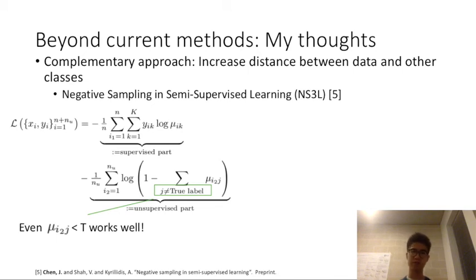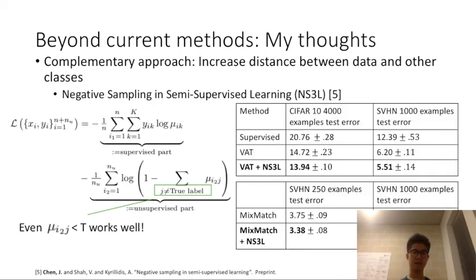But we don't know the true label. In practice, even a straightforward application in which we select those indices j that refer to the outputs that are below some threshold t works well. In fact, we get large improvements over the state of the art by combining with these consistency regularization methods. And this further supports the idea that these methods are complementary.